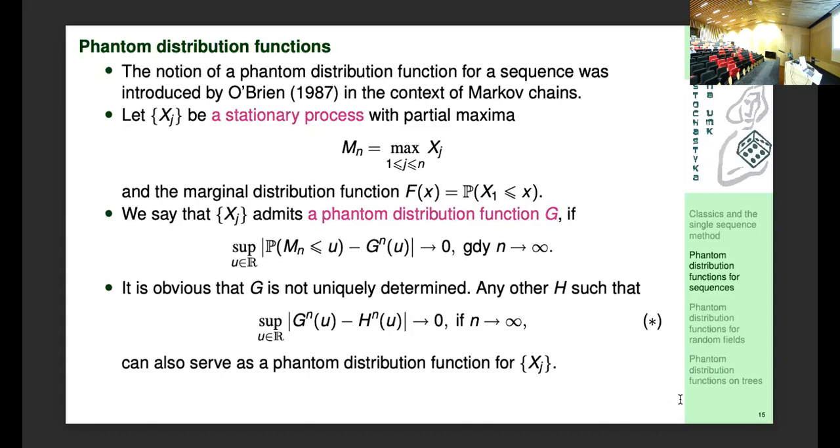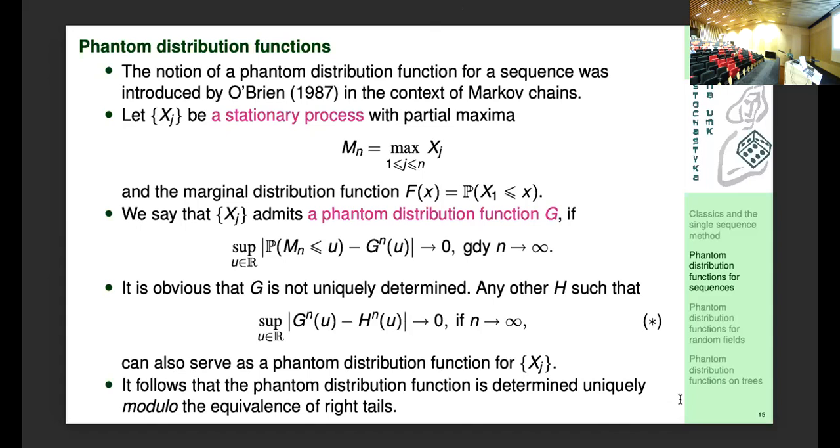So the final statement is that the phantom distribution function is determined uniquely, but only up to equivalence of right tails, from the previous result.